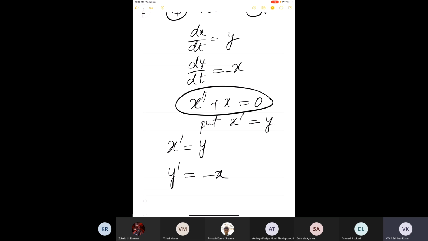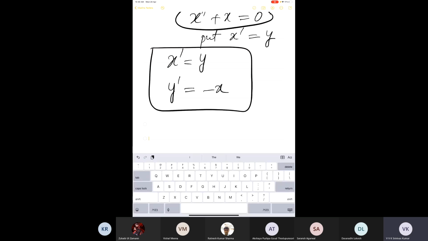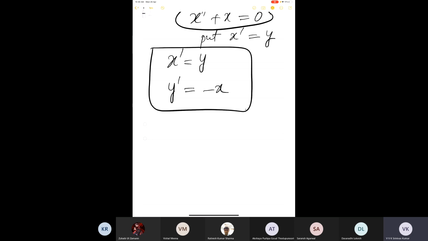So we can change such an equation into a system like this. This is our right hand side function f, and this is our g.